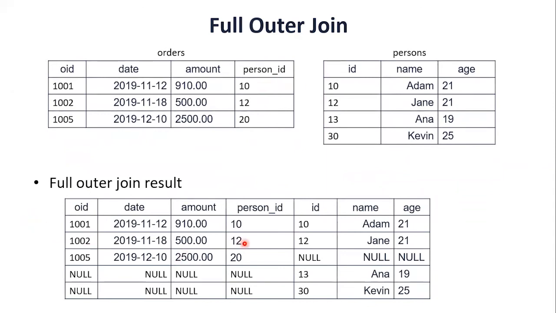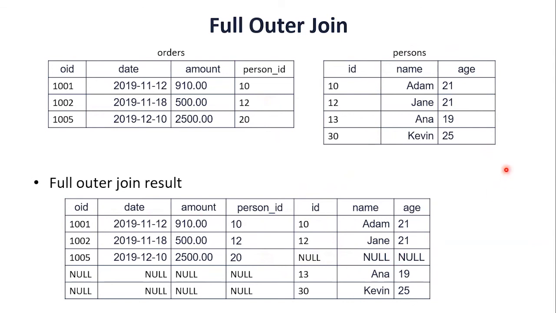So all the values from the left table are included here. And for matching records, 10, 12, there are matching records from the persons table, so they are included as well. But for 20, there's no matching record, so null values.